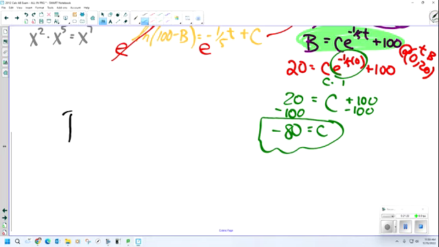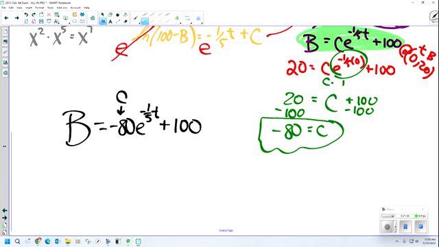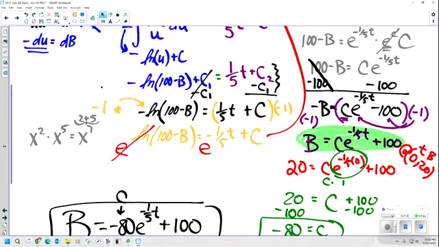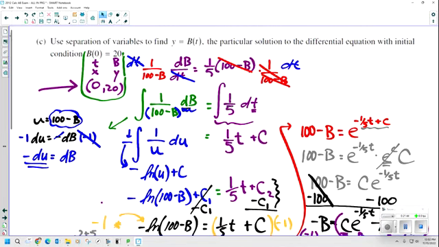So B equals, it used to be C, but now our C is negative 80, e to the negative 1/5 T plus 100. Whew! I told you it was going to be a lot of work. And that's C. Thank goodness.